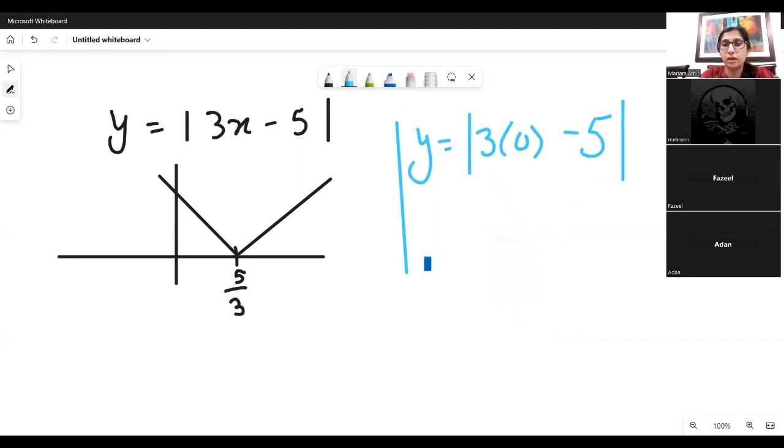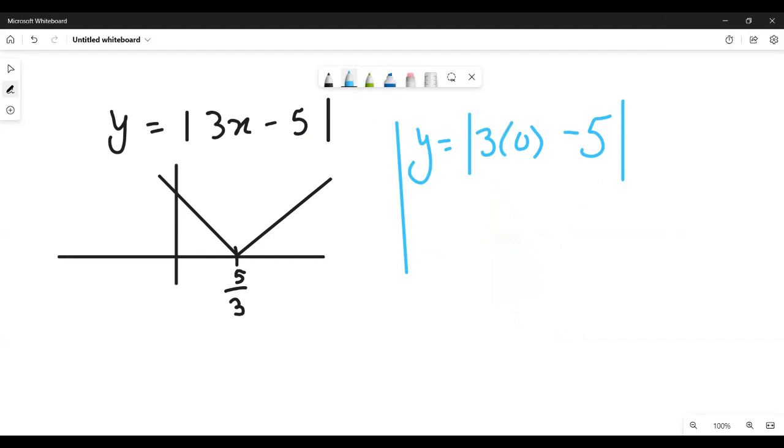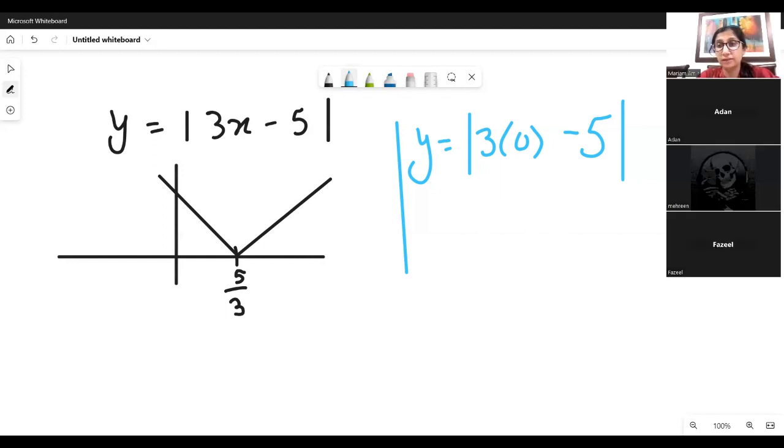Modulus closes. So what is the value of y? Negative 5 comes inside the modulus, and then that gives y equals 5. So the y-intercept is y equals 5.